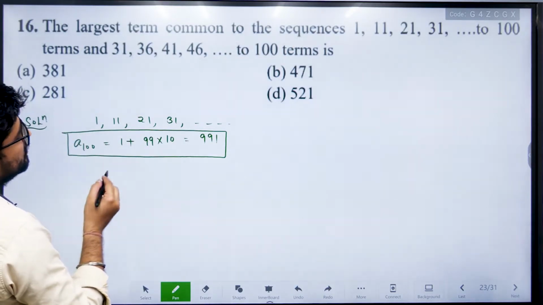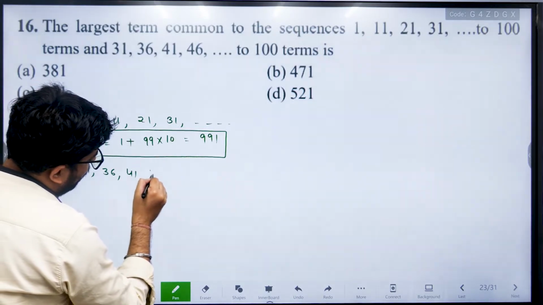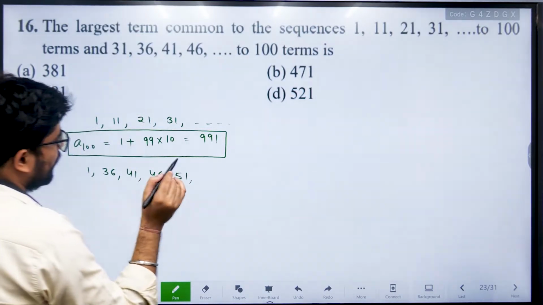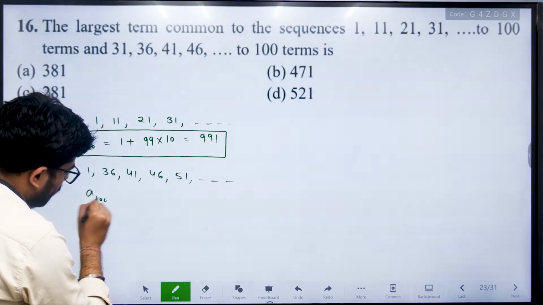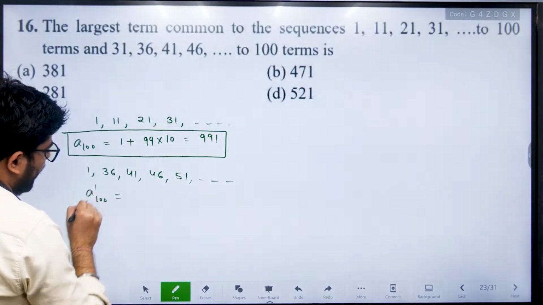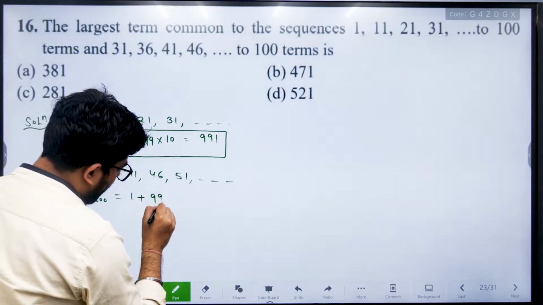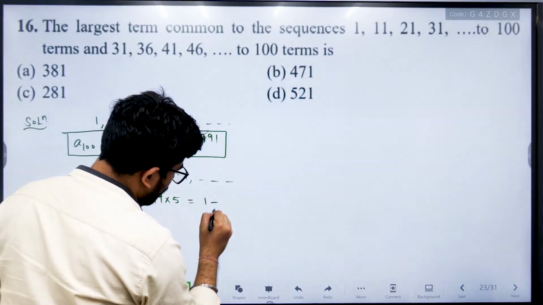Next is 1, 36, 41, 46, 51. Yes, until 100. So the 100th term here, let's say a dash, is a plus (n minus 1), 99 into d, that is 5.